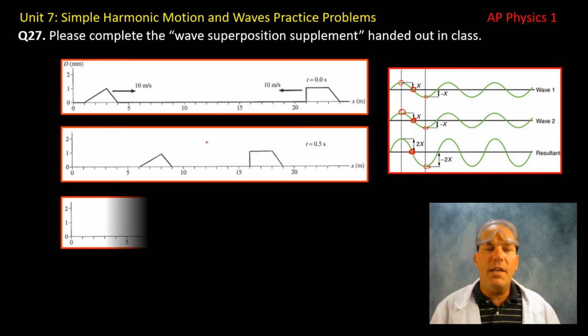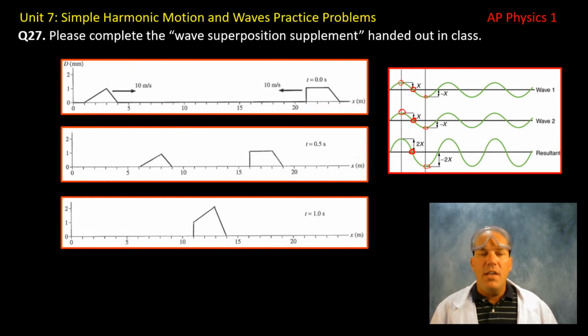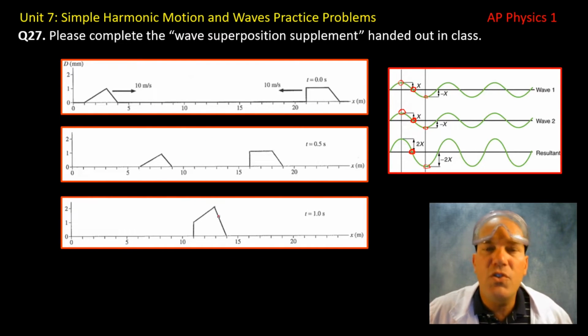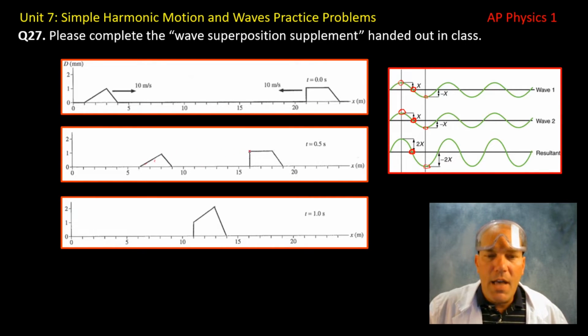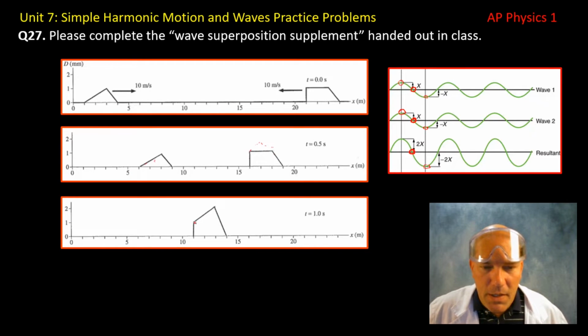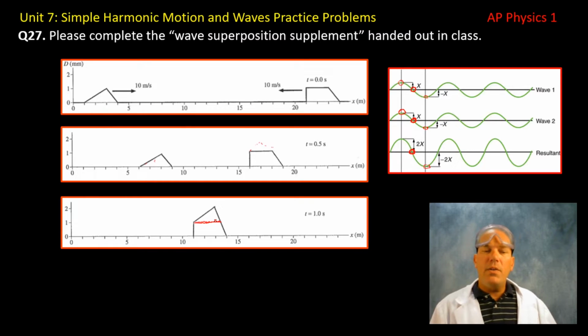Then 1 second later, you should have sketched that they are constructively interfering with one another at this exact moment. And you notice that this pulse is on top of this pulse at that moment. So you can see that going on right here. I'm going to draw this line a little thicker so you can really see. So that should be what you have sketched in.